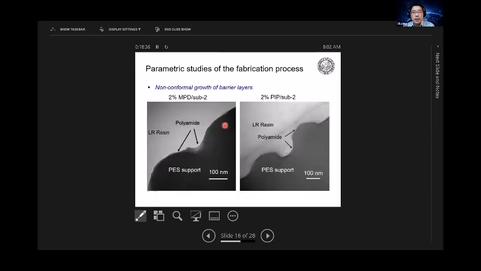So we can basically control it. And if you grow with PIP, you can actually get close to conformal growth. But definitely for MPD cases, we get a lot more growth in the trenches, right? So this is the original UF membrane substrate, and this is the polyamide that grows on top of it.